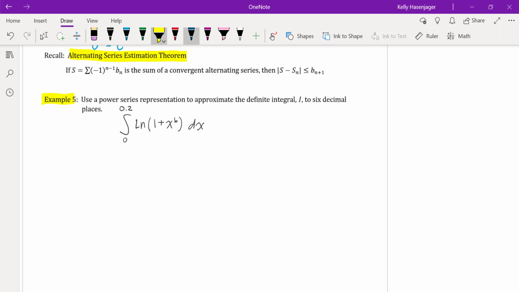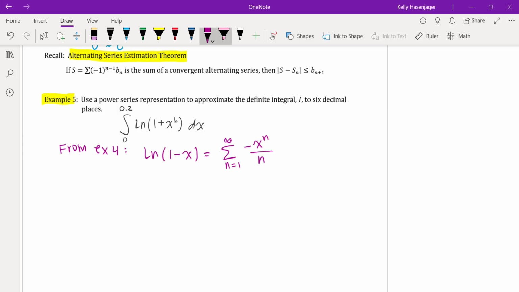From our last example, example 4, we found that ln of 1 minus x is equal to the sum from n equals 1 to infinity of negative x to the n over n.